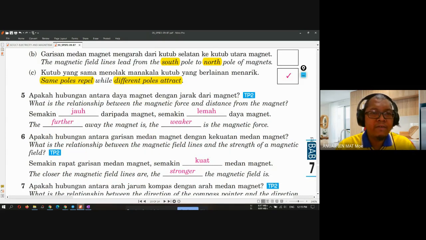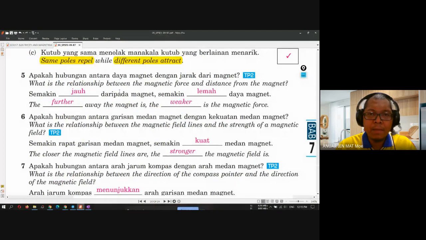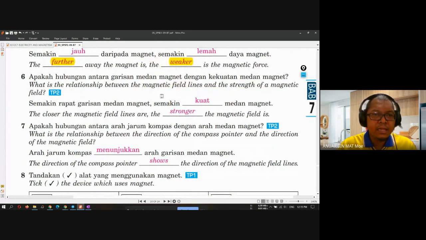Question number 5, the relationship between magnetic force and distance from the magnet, meaning that the further away from the magnet, the weaker the magnetic force. Number 6, the relationship between the magnetic field lines and the strength of the magnet: the closer the magnetic field lines, the stronger the magnetic field.